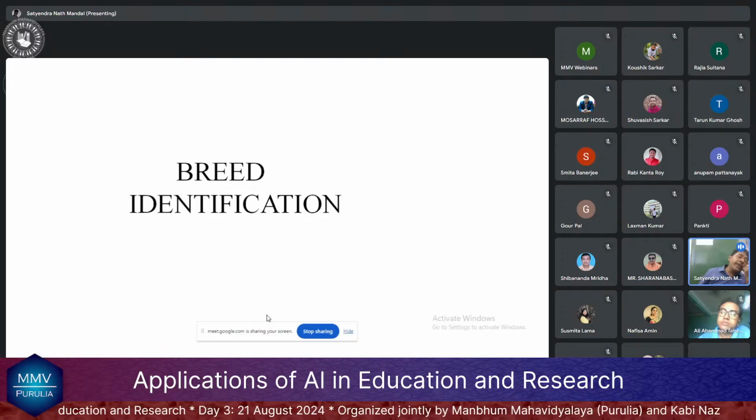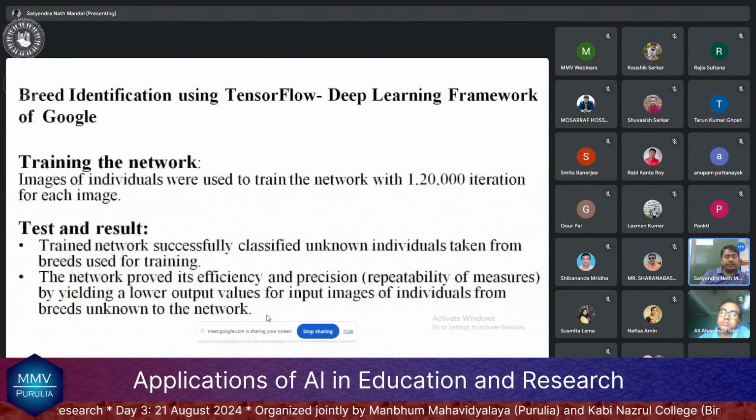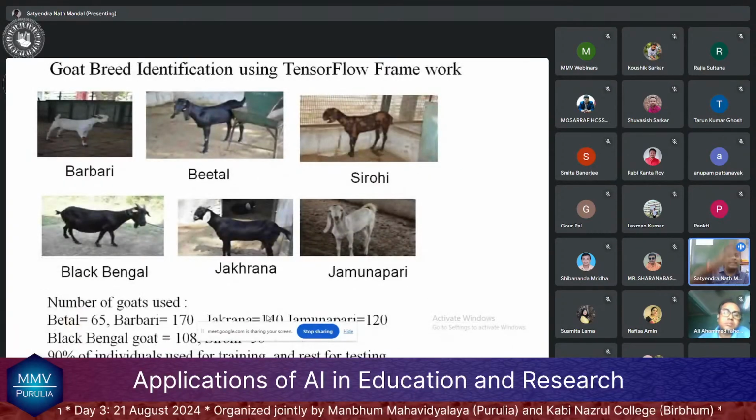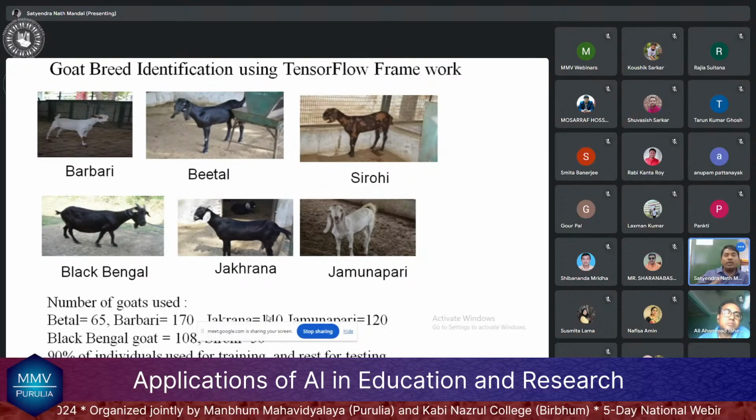They identify breed by measuring. They measure the height, the color, the ear pattern, the alignment of the eye, the alignment of the snout, the tail structure. So there are lots of those, and it takes a lot of time.